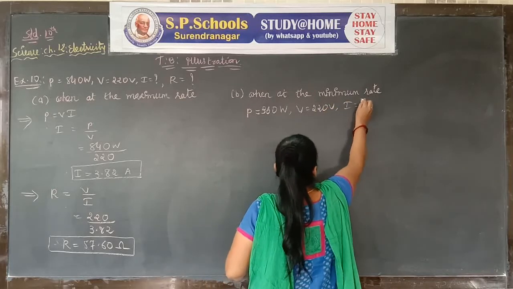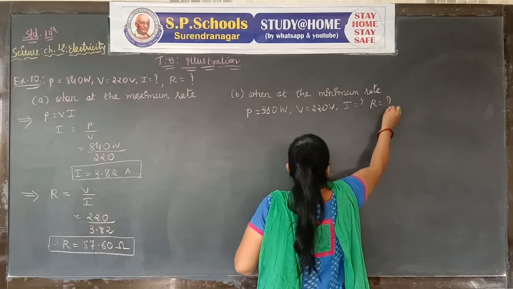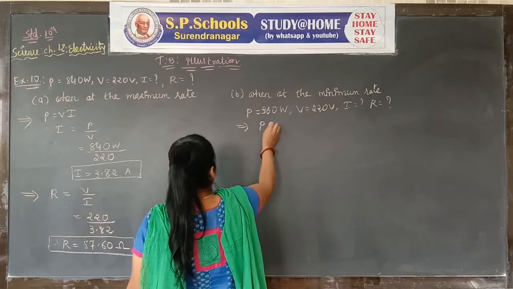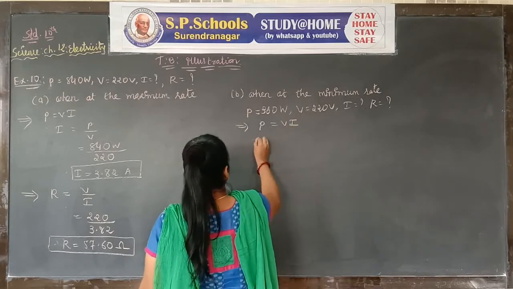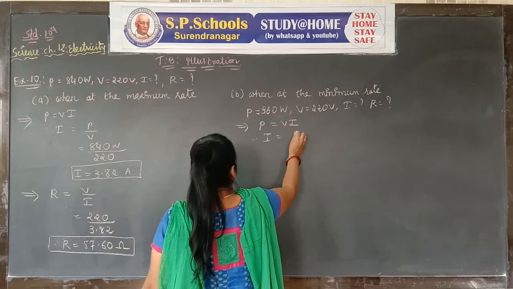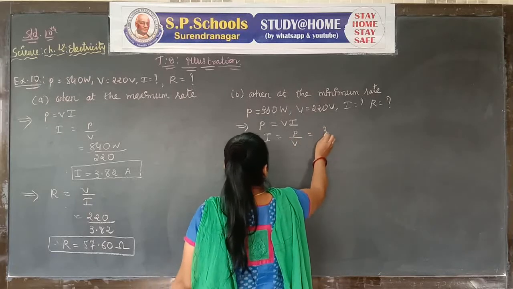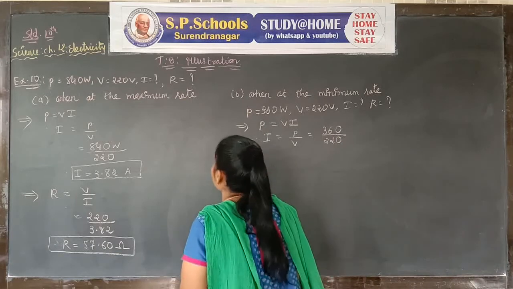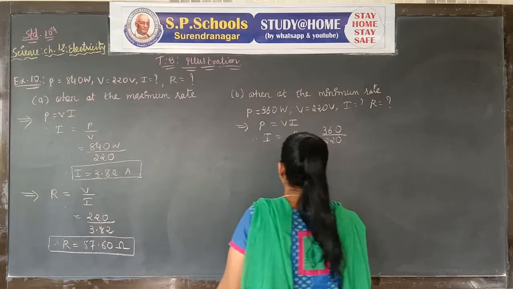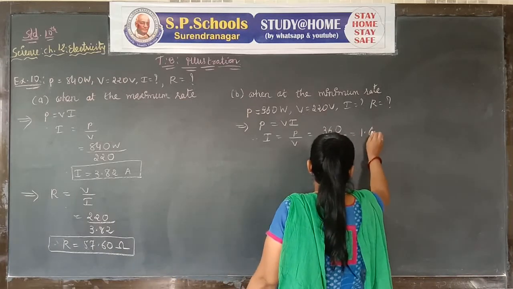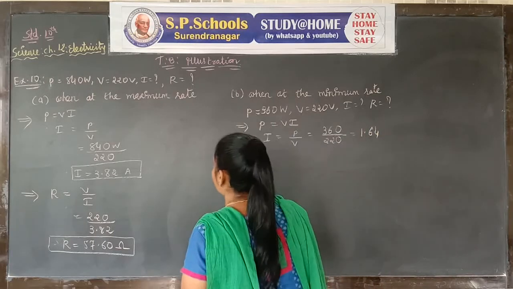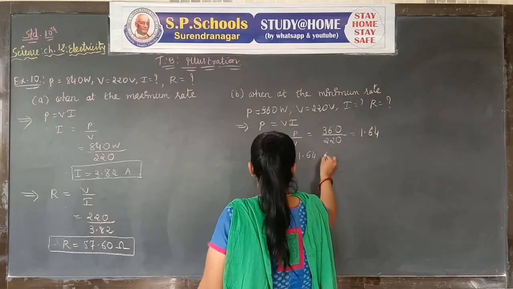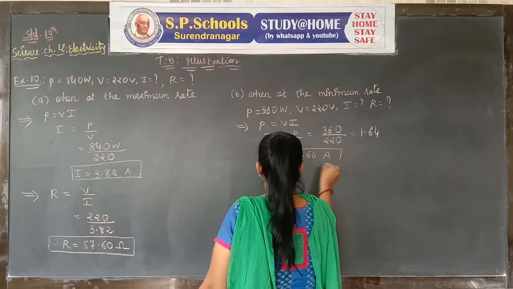We find current and resistance. Again use the formula P is equal to VI, make the subject I is equal to P upon V. P is 360, V is 220. When we divide 360 by 220, we get something like 1.64. So we find the current is 1.64 ampere.